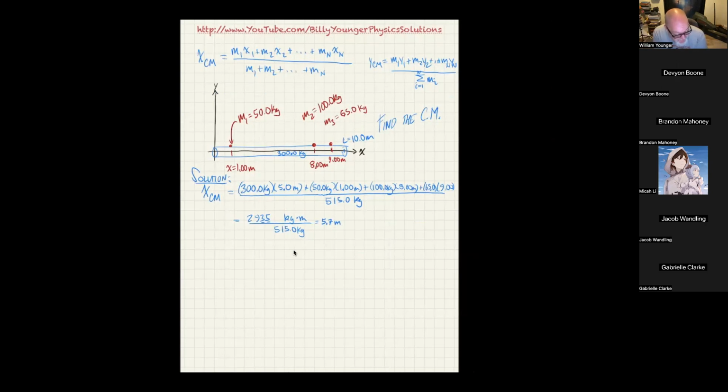But then the 65 is 4 meters over the other way, and that's about 15 kilograms more. So you would expect it to be just a little bit further to the right of 5.0. But then you see 100 kilograms that's 3 meters away from the center, and that's going to make it even more. So that's why we ultimately got 5.7 meters. Anybody have any questions on that?